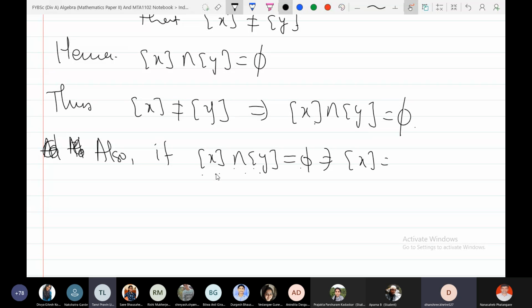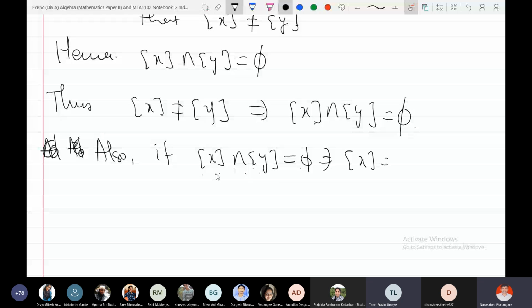There is no common element, no intersection. Right? In the first part we assumed that the two classes are not equal. Then we found that they are completely separated, disjoint.